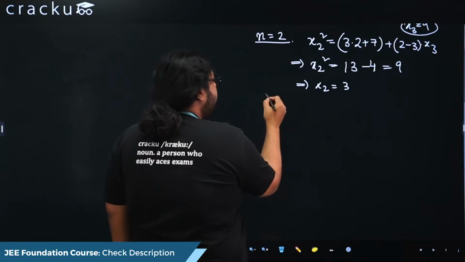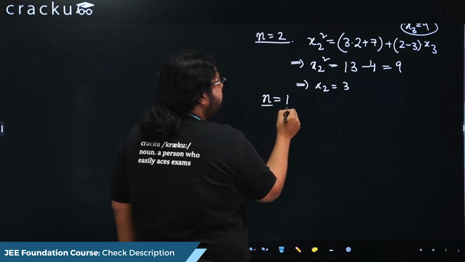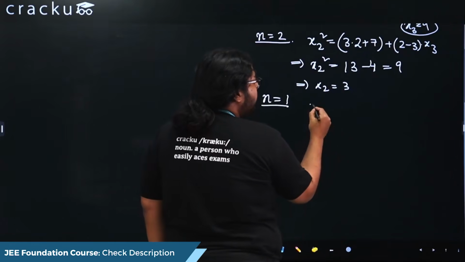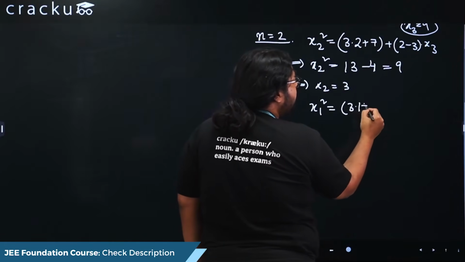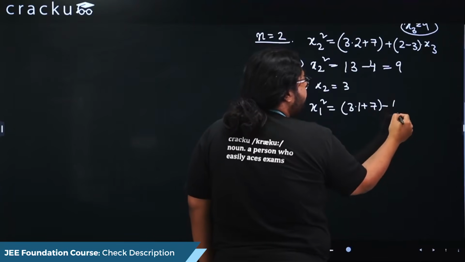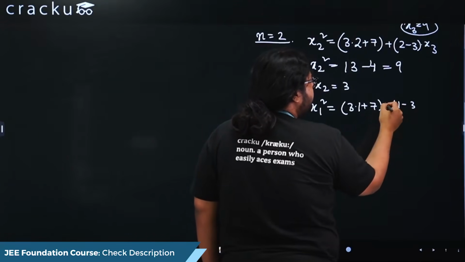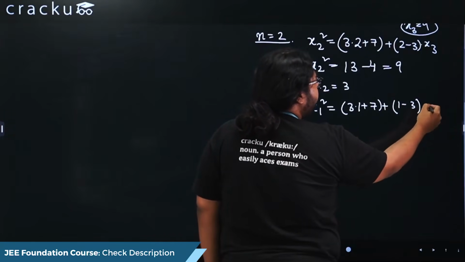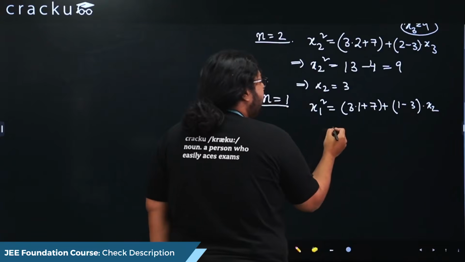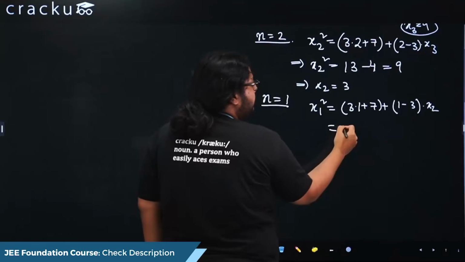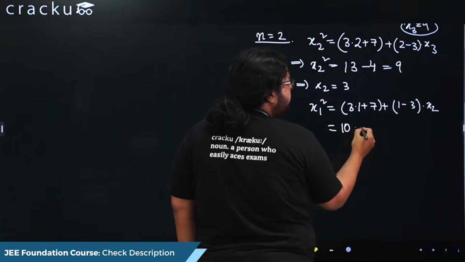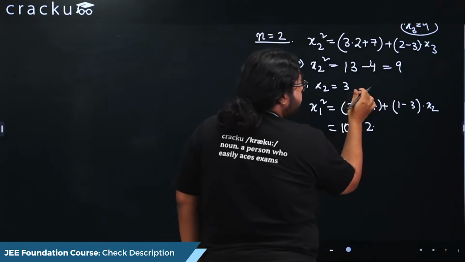Finally, we can put n equal to 1 and we get the value that we want. x1 squared is equal to 3 into 1 plus 7 plus 1 minus 3 into x2. That gives me 7 plus 3, 10. 1 minus 3 is minus 2 into x2 which is 3.